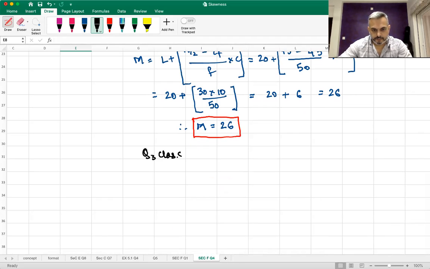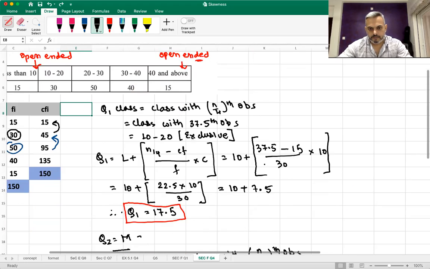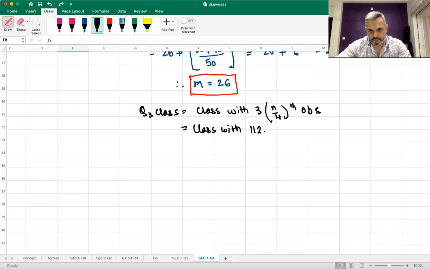Q3 class is equal to class with 3 in the bracket n by 4th observation, which is the class with 112.5 observation.